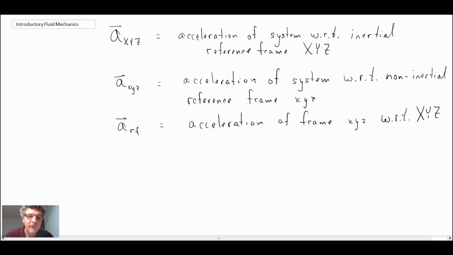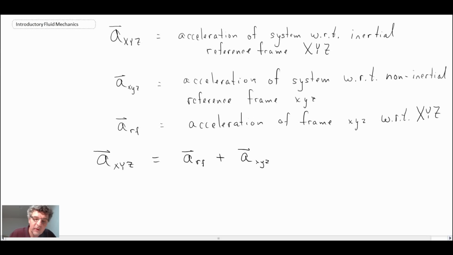What we have, we've basically broken the acceleration vector with respect to the inertial reference frame, the fixed reference frame where we use capital X, Y, Z, into two parts. One part is the acceleration of our reference frame itself, A_RF, plus the acceleration of the system with respect to that reference frame. So we can break it into two parts.